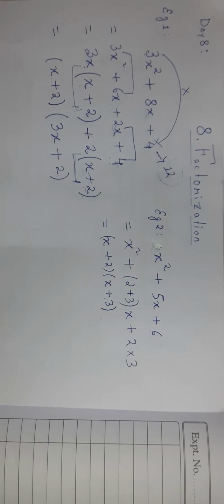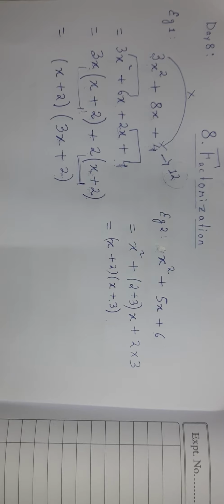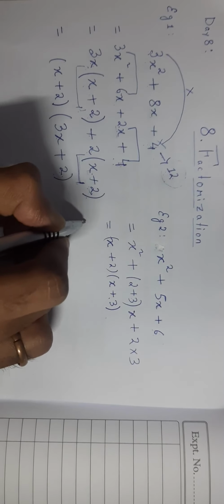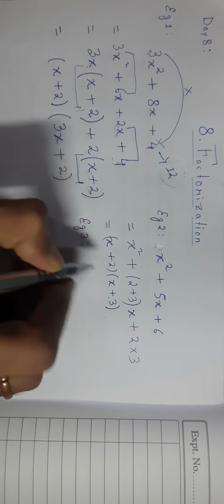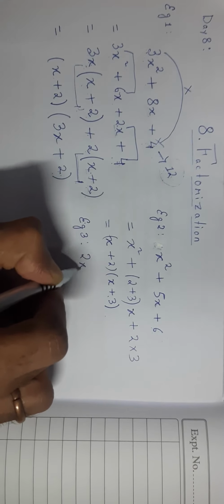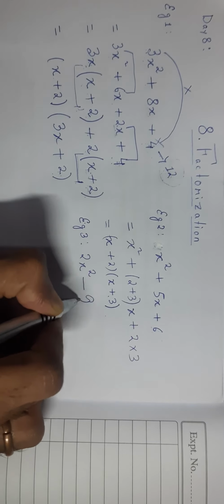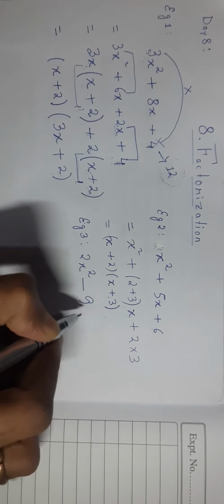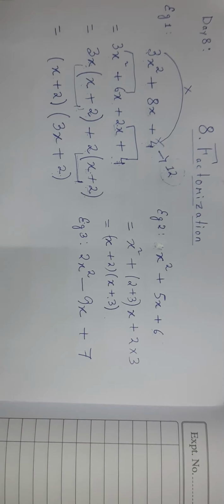Now let us see the third example to make this method more clear. Example 3 is 2x square minus 9x plus 7.